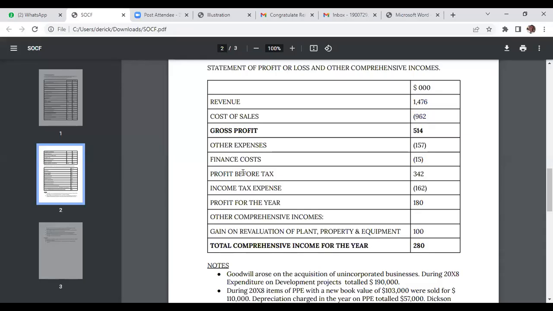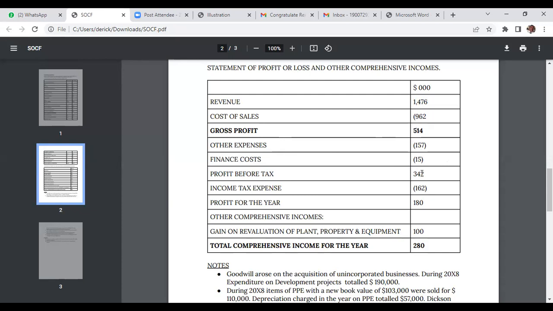Here, for them to come up with this profit before tax, they had gross profit, they deducted other expenses, they even deducted interest costs to come up with the 342. So we want a position where we have just deducted other expenses before we deduct the interest cost. So you say 514 minus 157 and you stop there. What you get is profit before interest and tax.